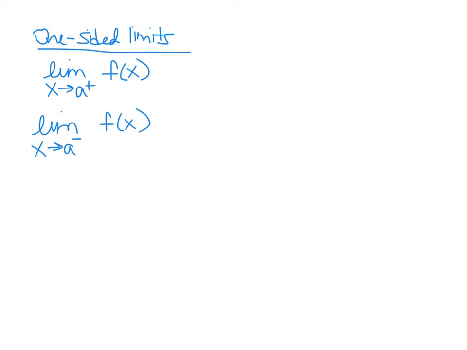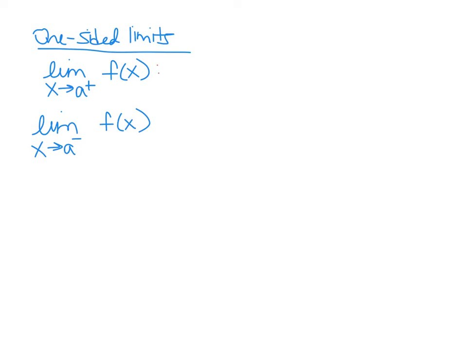So you might have noticed in the previous slide, I did mention that for our limit, we were looking at approaching 1 from both sides. Actually, you'll notice I have these little plus and minuses here. They look kind of like exponents, but they're not. What they mean is that I have a one-sided limit.